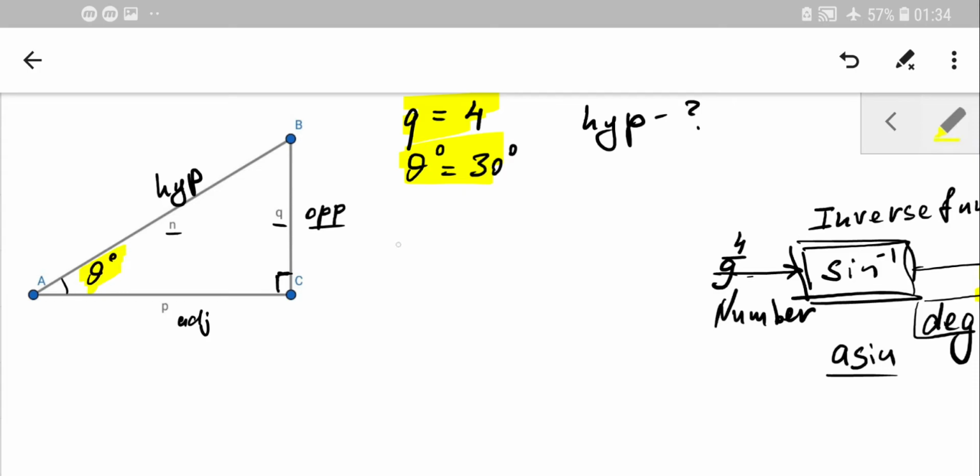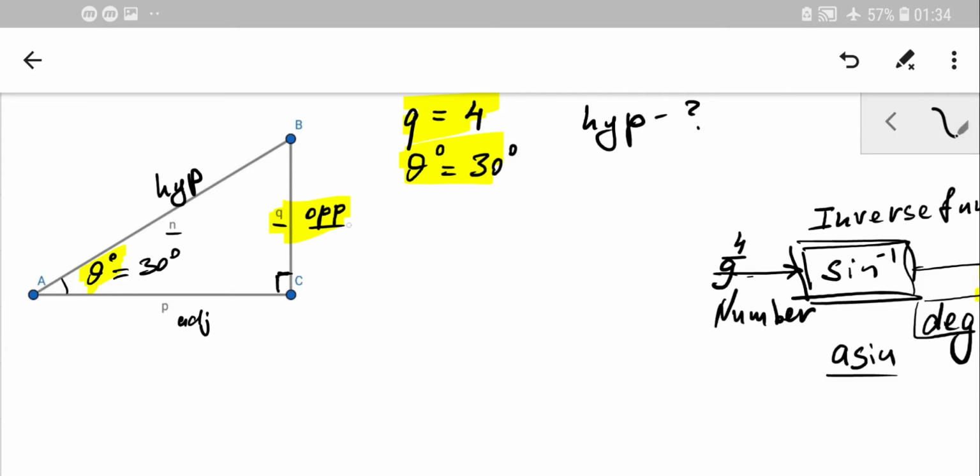Again, relating to the angle theta, we've got 30 degrees here, and Q equals 4. So we need to find the hypotenuse. So we set up the same equation. Right now, I'm just going to write it from scratch.